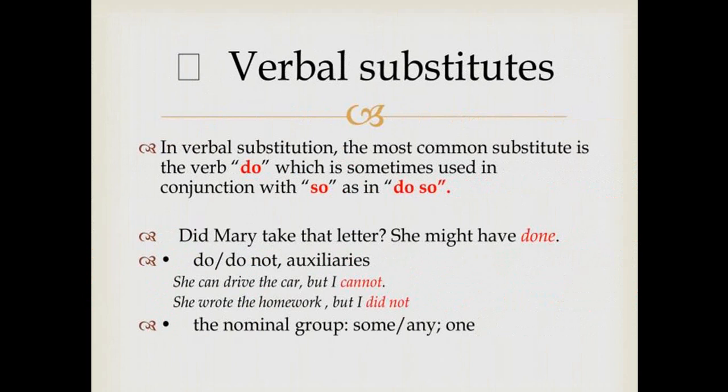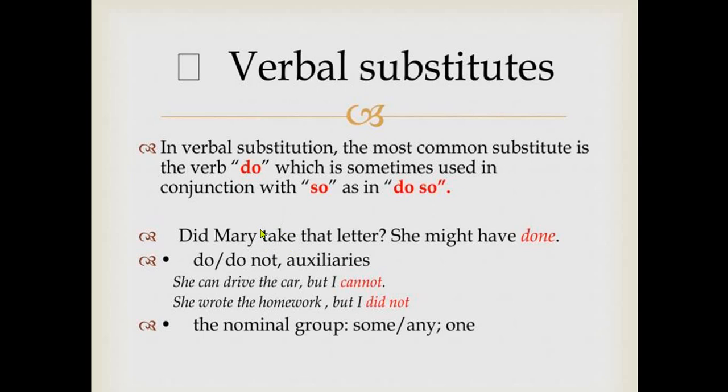The next is verbal substitution. In verbal substitution, the most common substitute is the verb do, which is sometimes used in conjunction with so, as in do so. Did Mary take that letter? She might have done. Here the word done is used in place of the verb take.